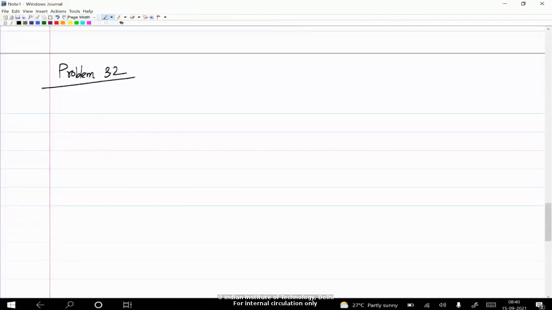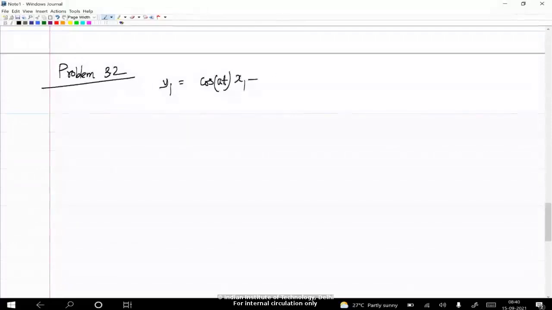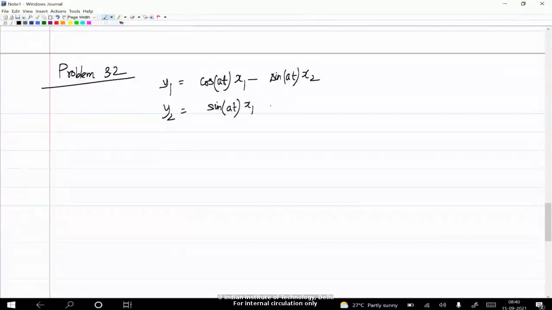Here it says that y1 is cos of at into x1 minus sine of at into x2, and likewise y2 is sine of at into x1 plus cos of at into x2, and then y3 is x3 plus bt.